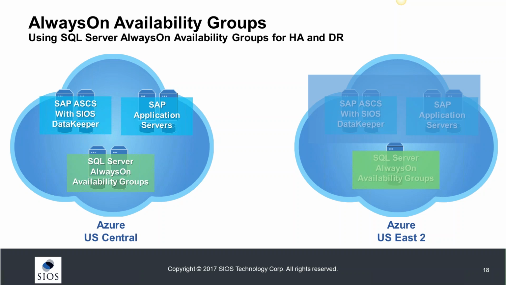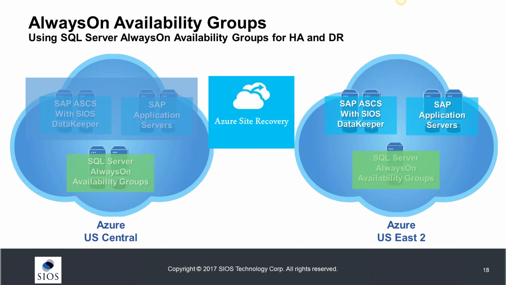Then I'm replicating to the US East with AlwaysOn Availability Groups doing asynchronous replication. So the recovery point objective is really good. We're not talking about a lot of data loss, just maybe a few writes. For recovery time objective, there's no automatic failover, so you will have to push the button for disaster recovery. But once you do that, it's pretty instantaneous. It'll come online.